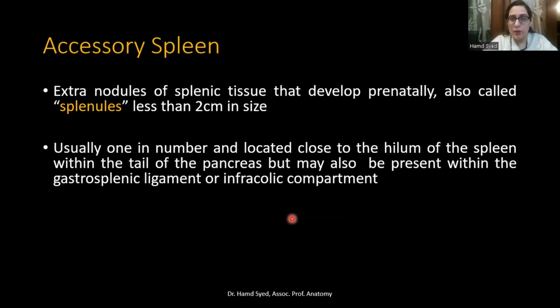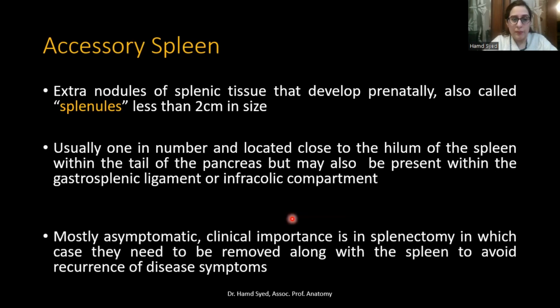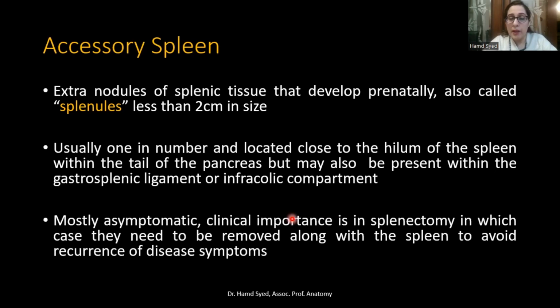They can also be present in the gastrosplenic ligament or infracolic compartment. Like I told you, they're asymptomatic. Their clinical importance is at the time of splenectomy, in which case we have to remove the accessory spleen along with the main spleen to avoid the recurrence of disease symptoms.